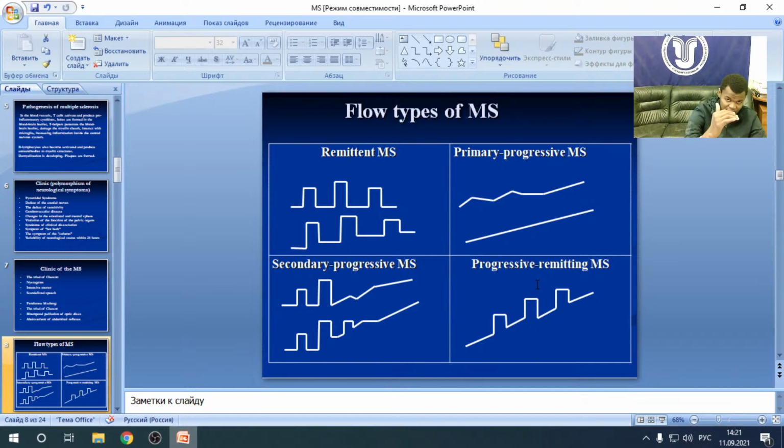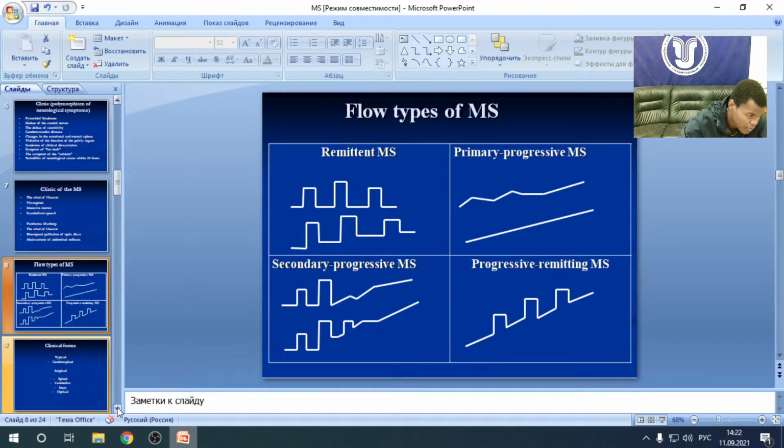The symptoms start, it doesn't finish, it just decreases a little bit. When the symptoms occur again, they add to the ones that didn't finish before, to make it bigger. Every time the symptoms keep growing and developing. So this is the flow type of MS.